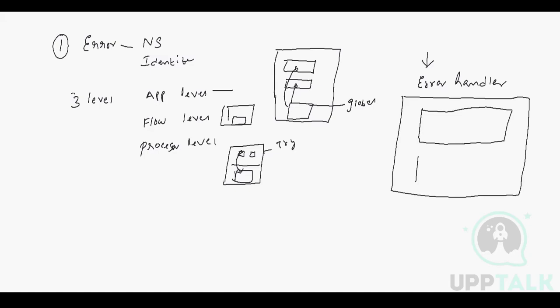Inside the scope, we define our error handling logic, what to do when the error occurs. There are two types of scopes: on error continue and on error propagate.